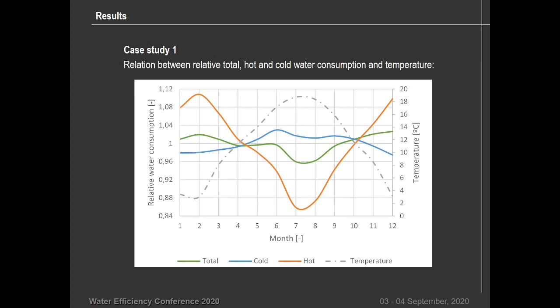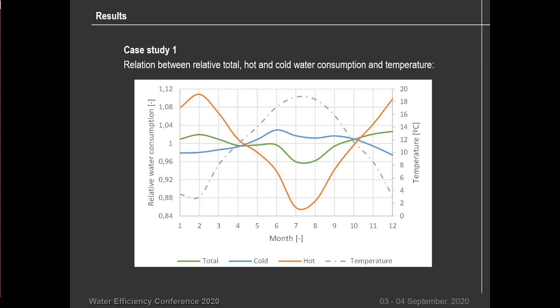In this regard, a higher proportion of cold water is needed in relation to hot water to reach the needed volume at the same shower temperature. This proposition assumes that individuals take showers at constant temperature during the whole year.